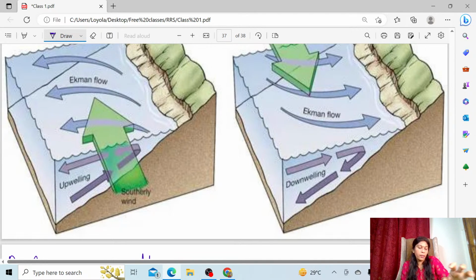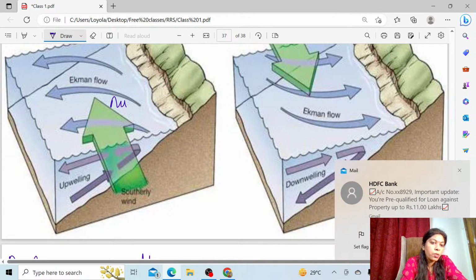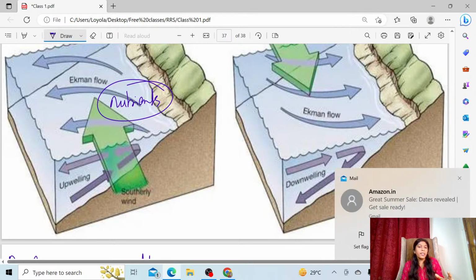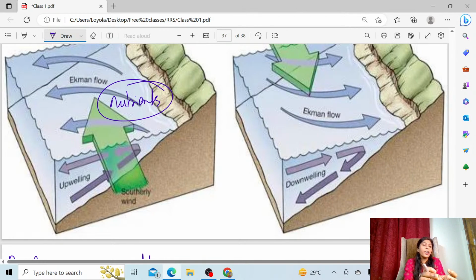Only where the upwelling is happening, there will be cold water, and along with the cold water, nutrients are brought. So what happens in this area? These nutrients attract the phytoplankton. A lot of phytoplankton starts growing here, and to eat the phytoplankton, the fishes will come here, and the marine animals will come to eat the fishes. So this is rich in life, rich in productivity. Upwelling zones are highly productive regions.